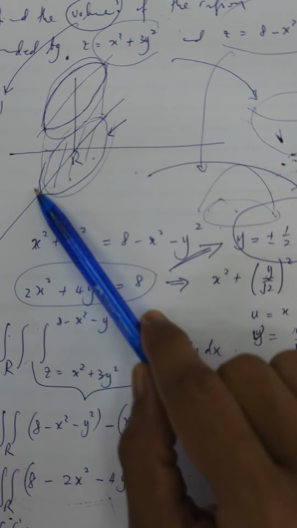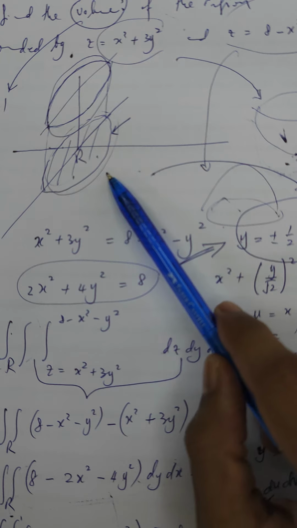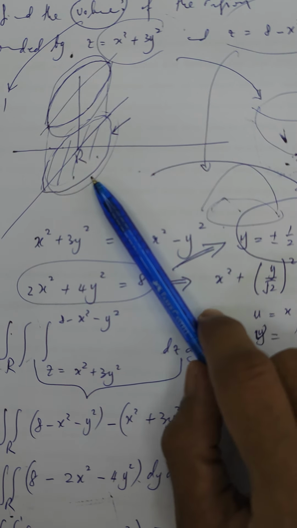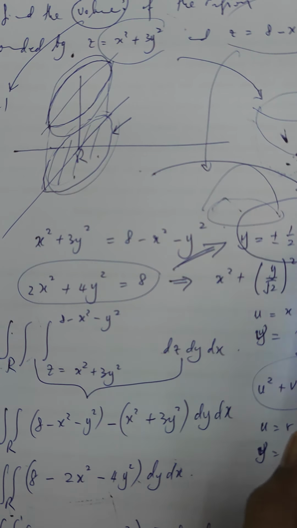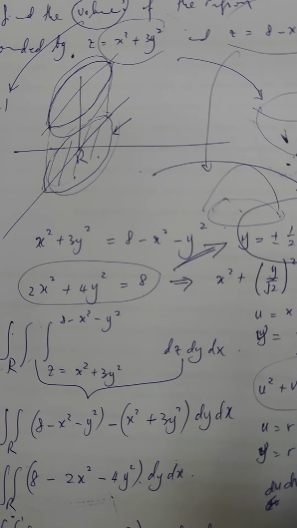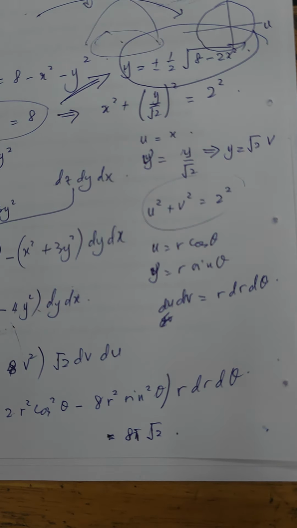The region R is an ellipse, and then we transform that ellipse into a circle. Those transformations, you just follow that. So this is what I did here. Then you can solve the rest of it.